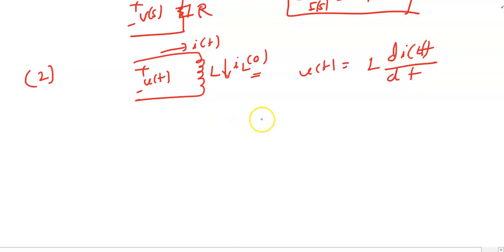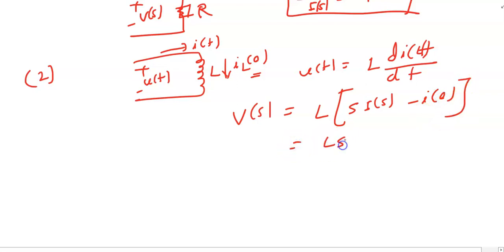Take the Laplace transform of both sides. So V of S is equal to L times the Laplace transform of differentiation, which is S I(S) minus I0.